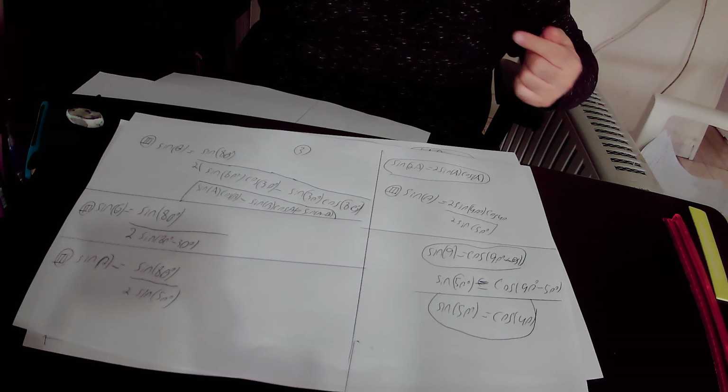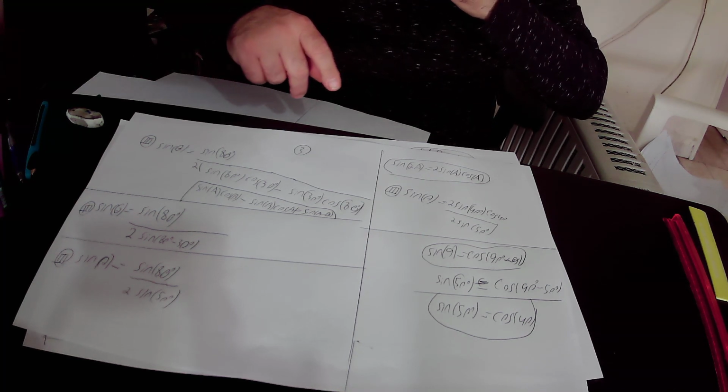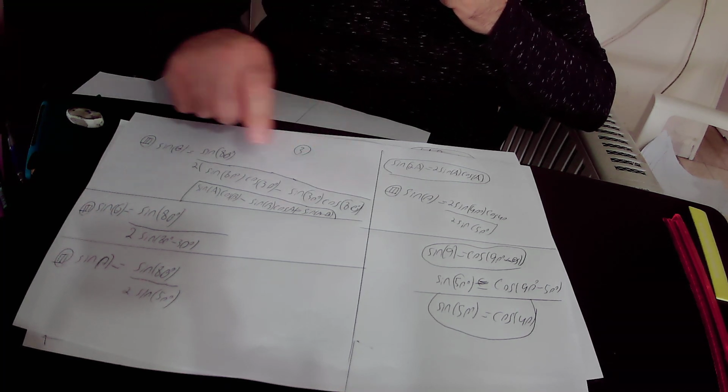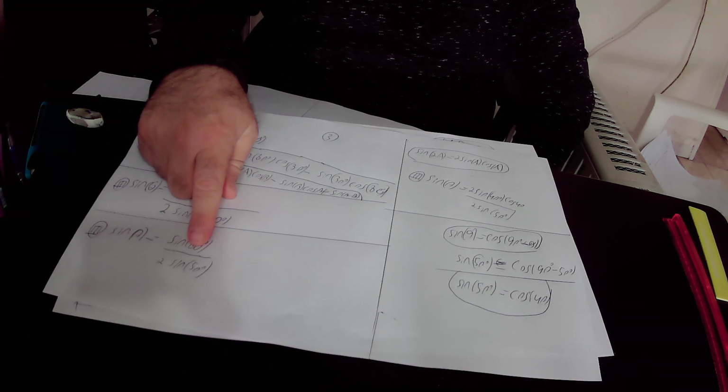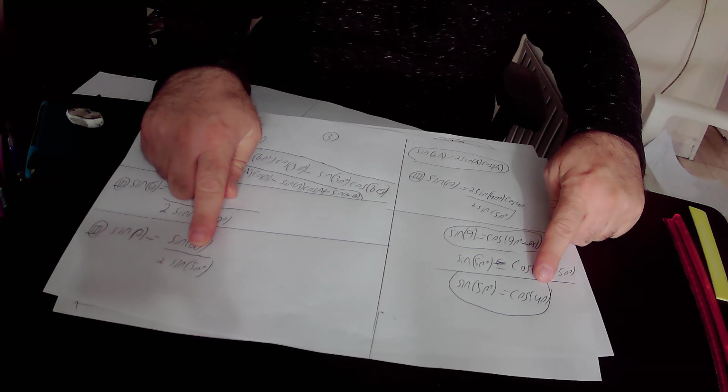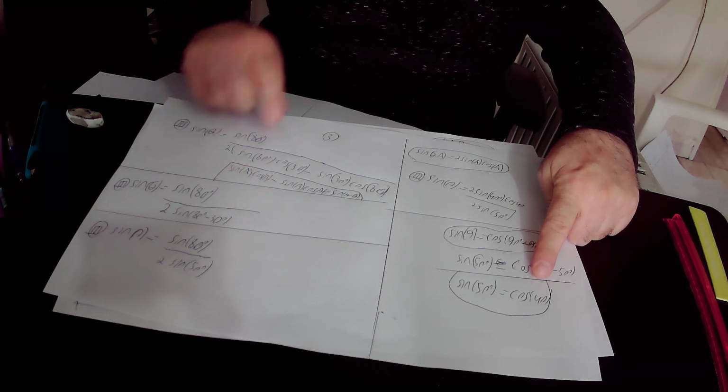What does it mean? It means that we can substitute sine 50 degrees in this equation number 3 by cosine 40 degrees, because they are equal to each other.